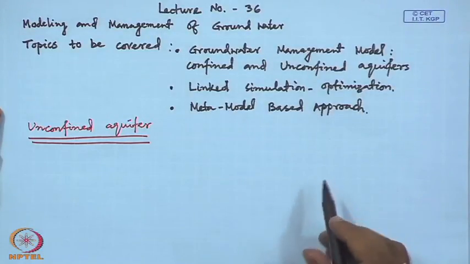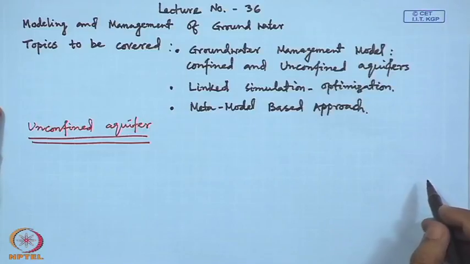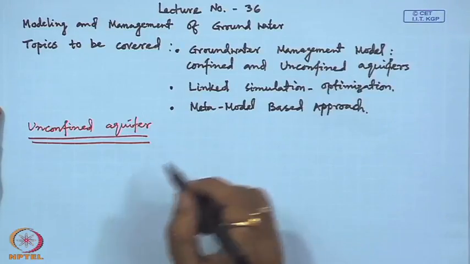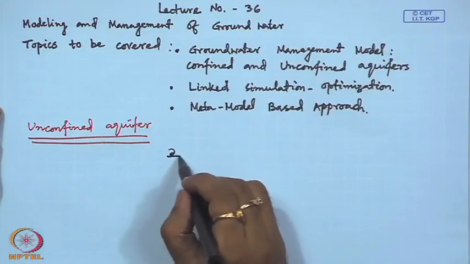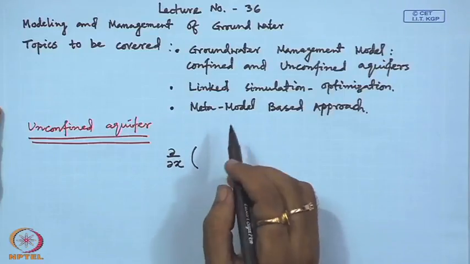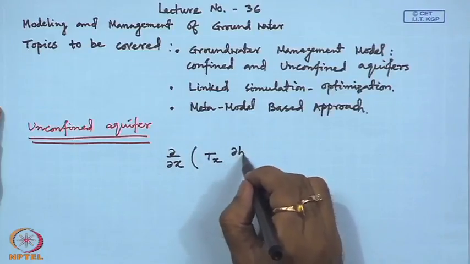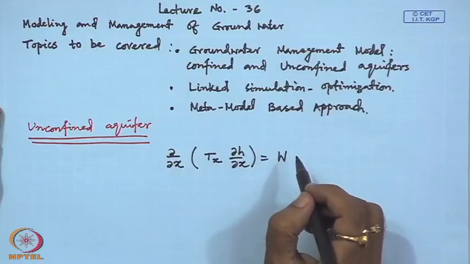The steady state groundwater equation for unconfined aquifer can be written as: d/dx of Tx dH/dx equals W, where x is the flow direction.